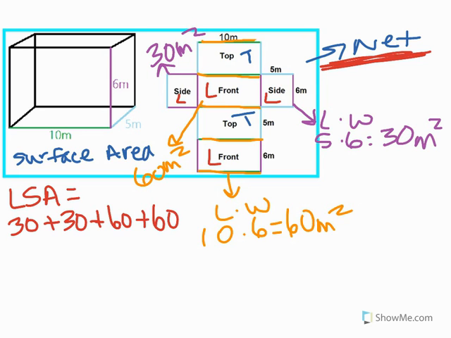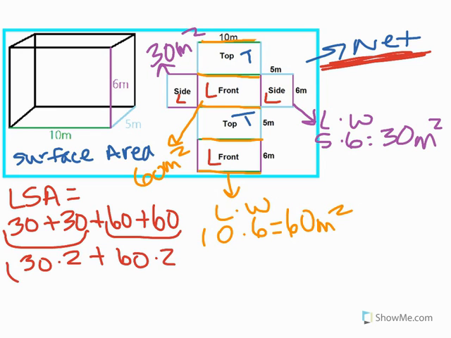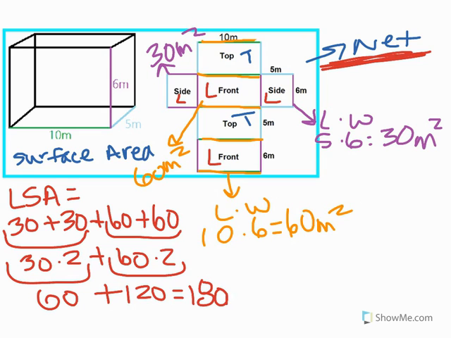Or I could have just said 30 times 2 plus 60 times 2, 60 plus 120 equals 180 meters squared for my lateral surface area.